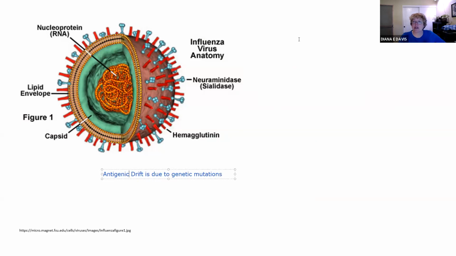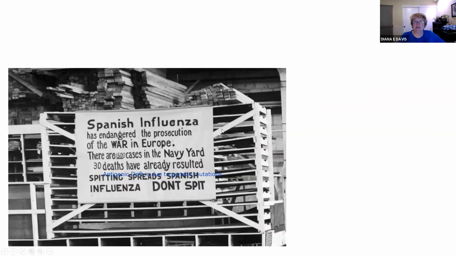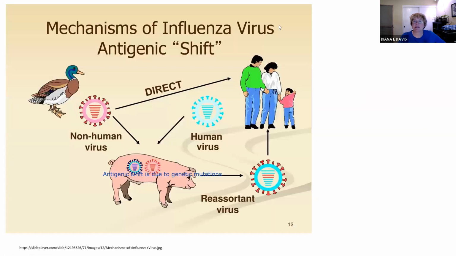Now, on the next slide, this is antigenic shift. So confusing terminology, these terms sound very, very similar. They both change the antigens, but they do it in slightly different ways.